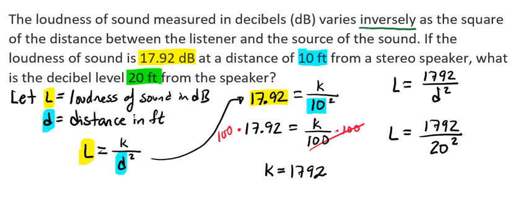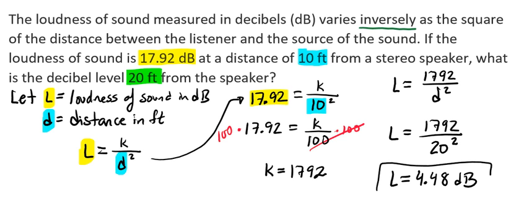When we plug that in, we find that we have an L value of 4.48 decibels. So we write our model, then we solve for the constant of variation, plug that into our model, and then use that new equation to solve the question that's being asked.